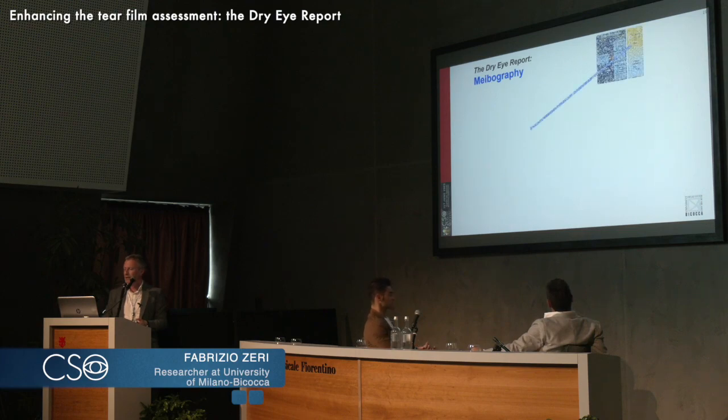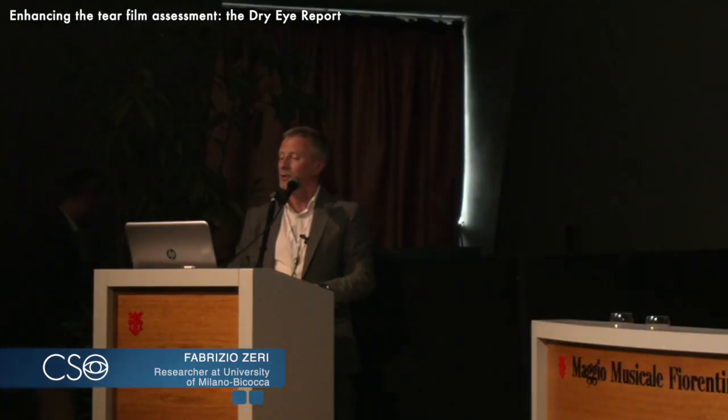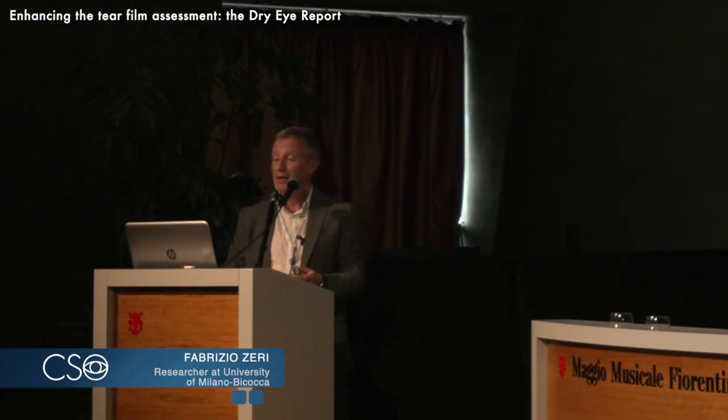So finally, we are looking at the division in types of dry eye. The tear meniscometry can allow us to see if there is a deficiency in aqueous volume. But the other point is whether there is a problem with the meibomian gland.